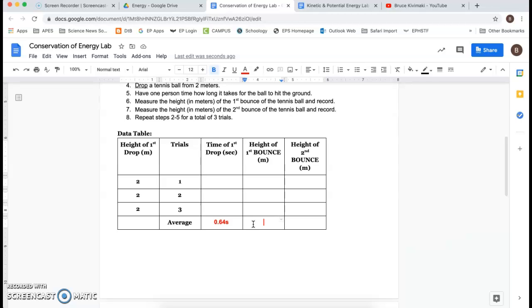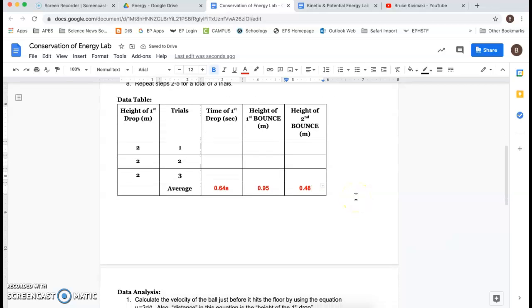Actually, the tennis ball I used, I noticed that it went above 100 centimeters, but here's the data that I'm going to give you: 0.95 meters, and finally 0.48 meters. So there's all your data.